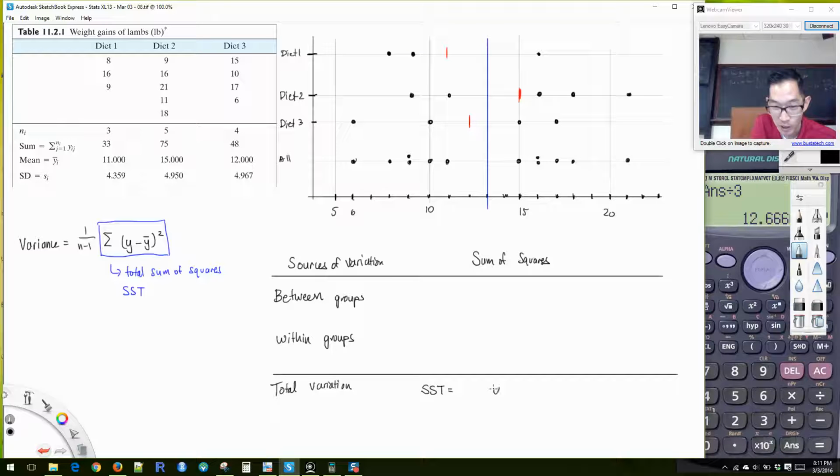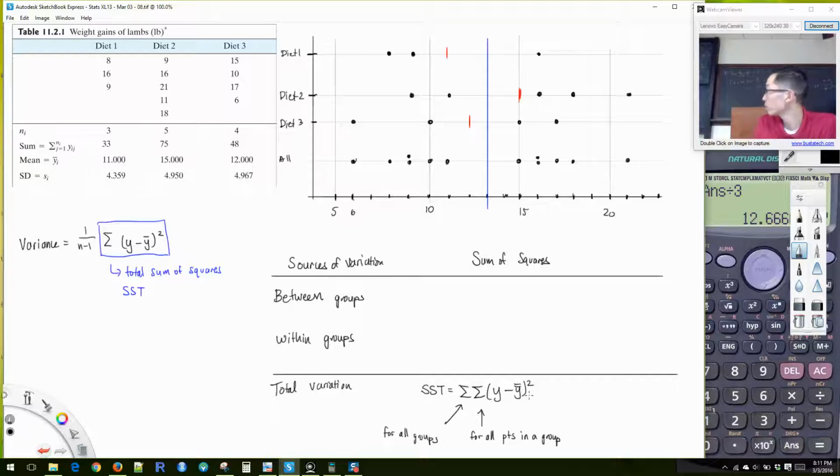We're going to take each individual data point y, subtract off the grand mean, and square that difference, okay? And because of our notation, this sum is for all points in a group, and then we have a second sum that says do it for all groups.